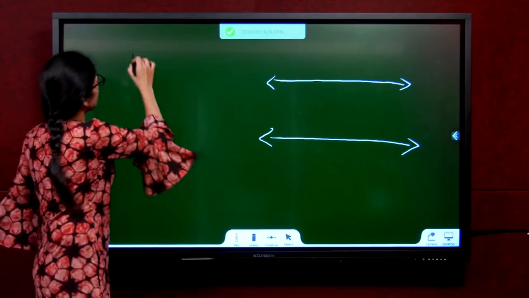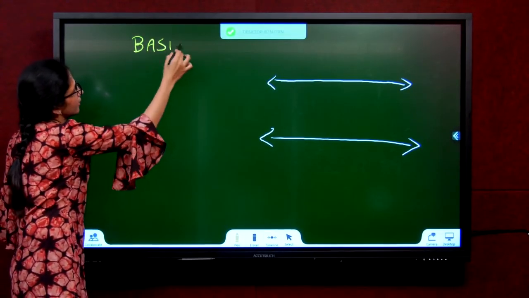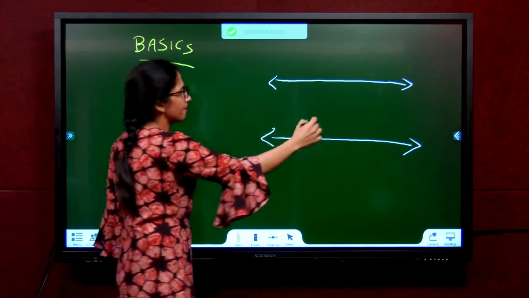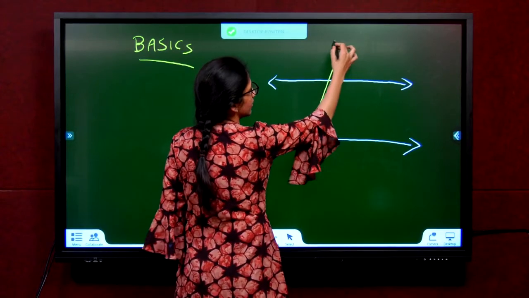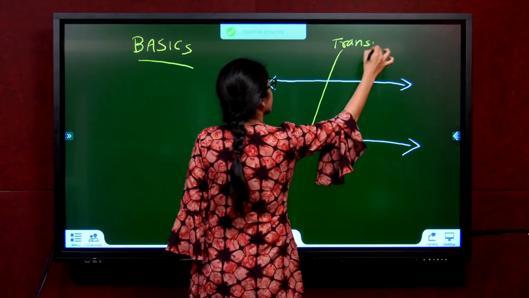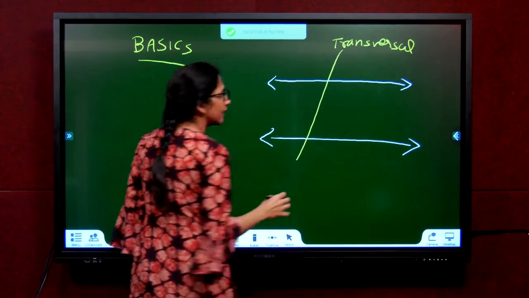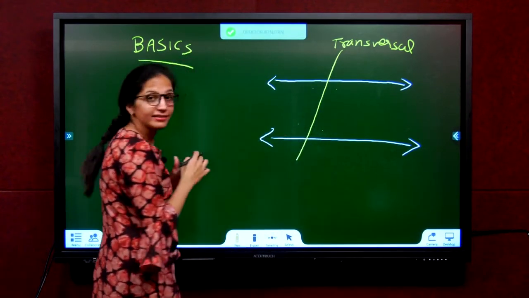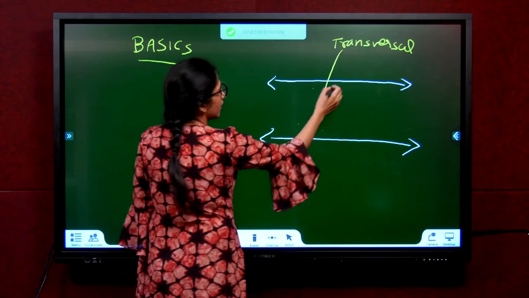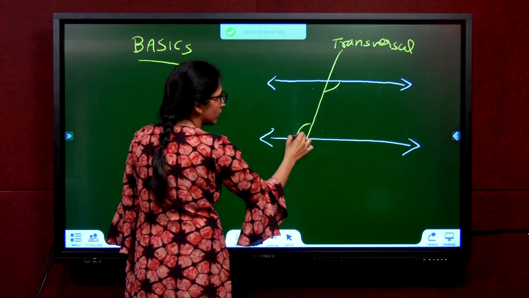Let us just brush up some lower class basics. If these two lines are parallel and we have a line crossing this, this is called a transversal. What is this called? Transversal. Then these angles are called interior angles. This angle will be equal to this angle.